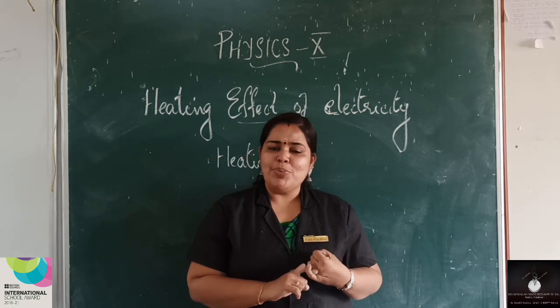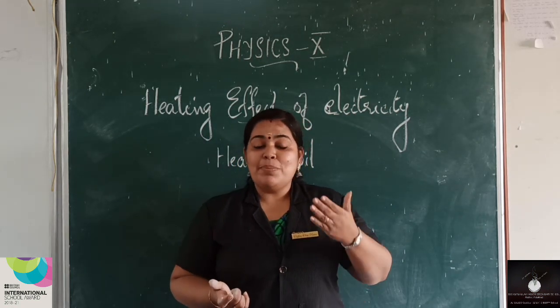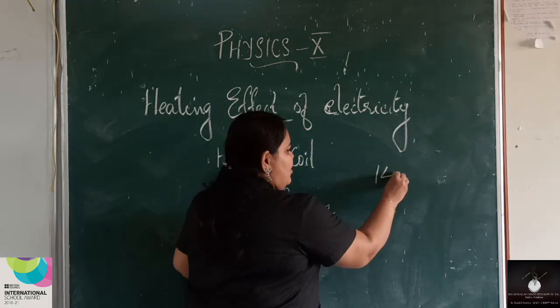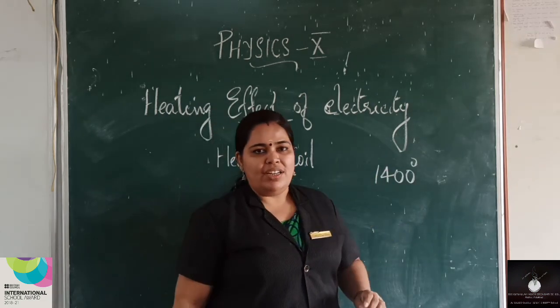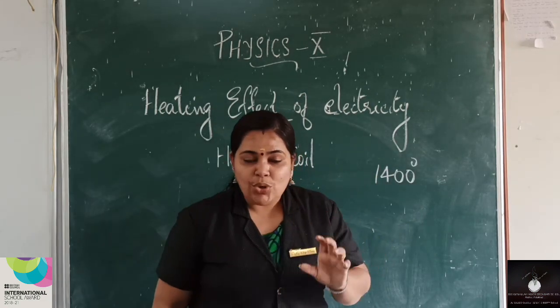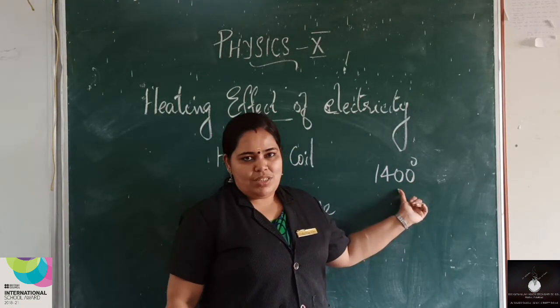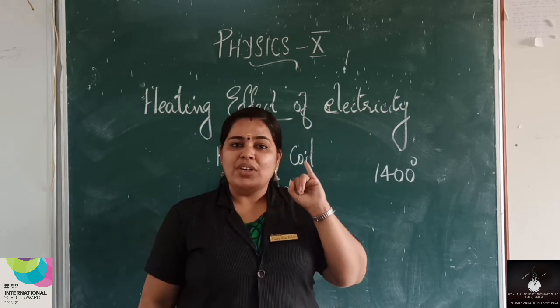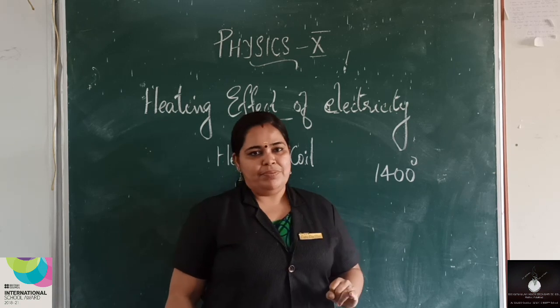High melting point in the sense that it will not melt fast. The melting point of nichrome is 1400 degrees. That shows for nichrome to melt, it should reach a temperature of 1400. Is it clear? So that is the first property of nichrome: it has a high melting point.